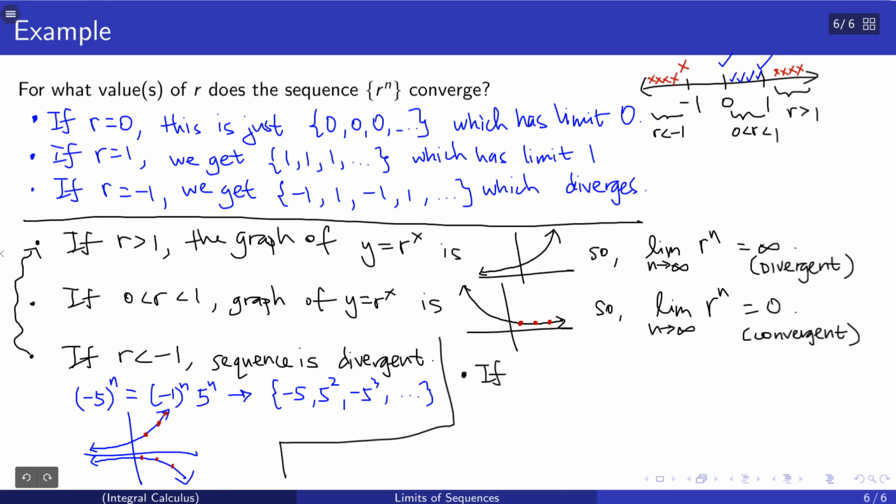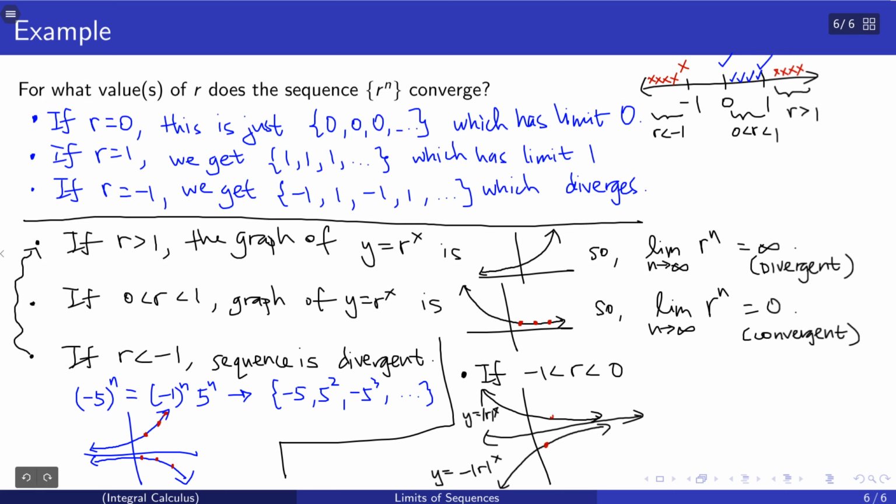Lastly, what if r is in between -1 and 0? It's going to display the same behavior as what we did here for -5. Can't draw properly. Okay. It's going to alternate in between the graphs of, in fact, I can write it this way, negative absolute value of r to the x and absolute value of r to the x.